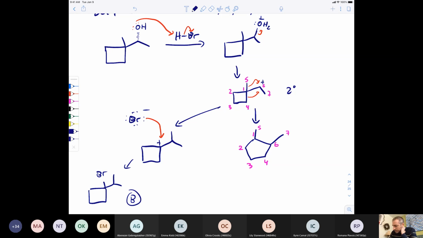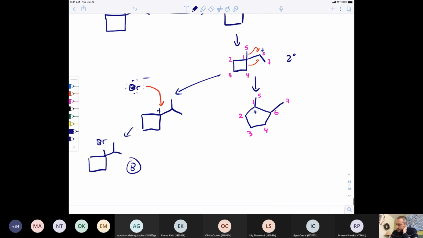So the bond broke from carbon 1, positive charge there. Now we have Br minus. This can attack the cation, and you get Br. So this is a tough one.